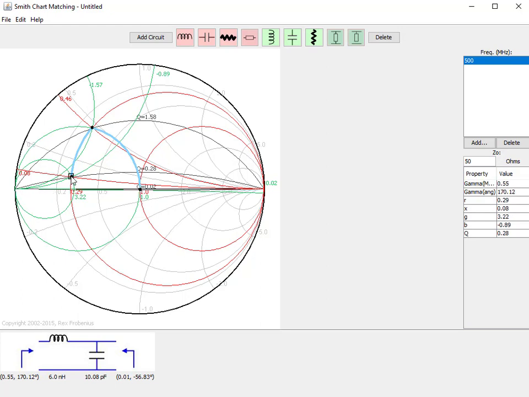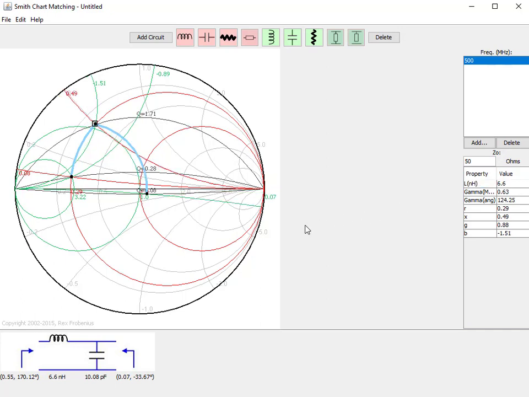It gets easier to build a matching network because it's not so touchy. Let me try changing this value by 10%, and it's going to throw it off too, but not nearly as much as 10% change shifted the values when I was working close to the edge of the chart.